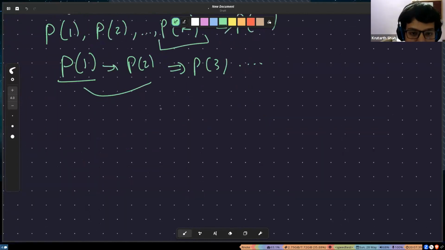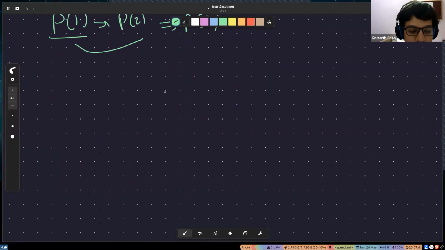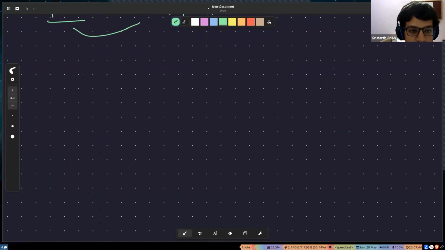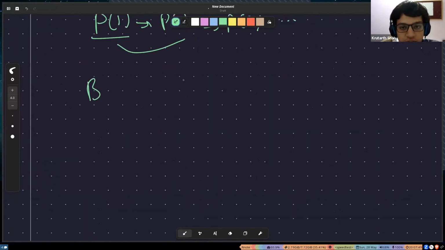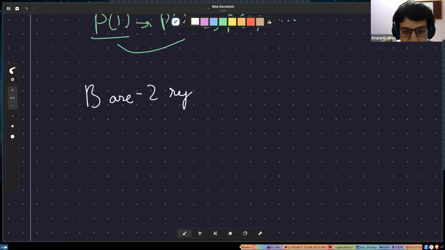So, as an example, let's say we wanted to show that, okay, this is the problem: show that base 2 representation is unique.